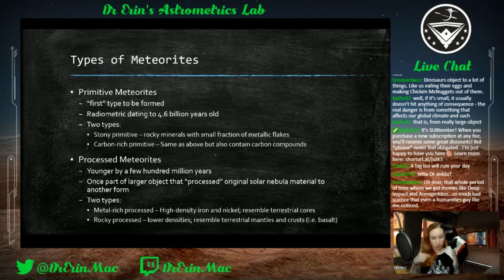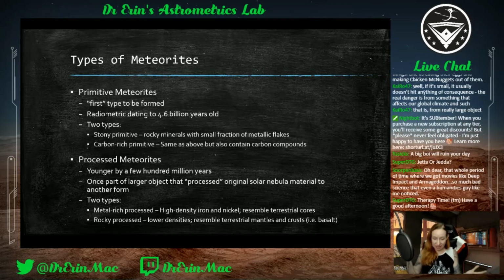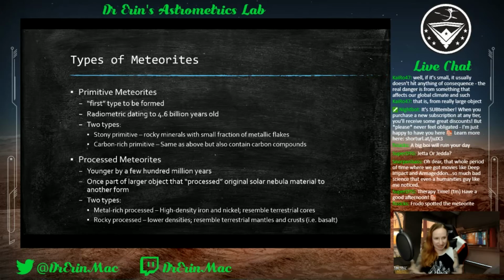You can break those into two more: a stony primitive and a carbon-rich primitive. Basically the stony ones formed closer to the sun, and the carbon-rich ones formed a little further away. Then you get into the processed ones. They're younger by a few 100 million years, like 4.2 billion or 4.1 billion years. They're not hugely different in that respect.